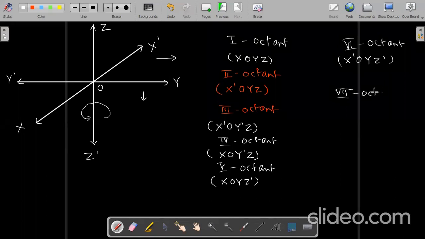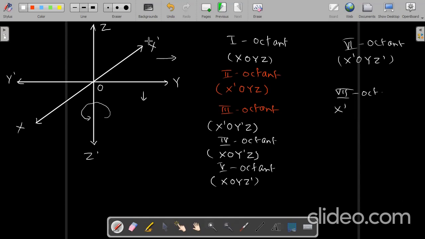Similarly, the seventh octant will be this side. We have backside here. So that will be our X, this side, backside. So X dash O Y dash Z dash. Correct?